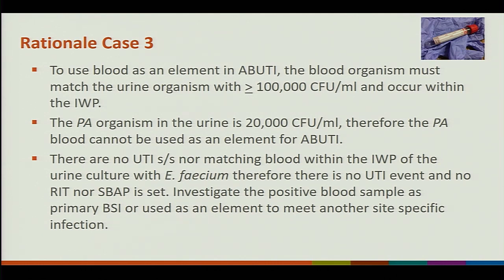There are no UTI signs and symptoms nor matching blood within the IWP of the urine culture with faecium. Therefore, there is no UTI event and no RIT nor an SBAP is set. Investigate the positive blood sample as primary BSI or used as an element at another site-specific infection.